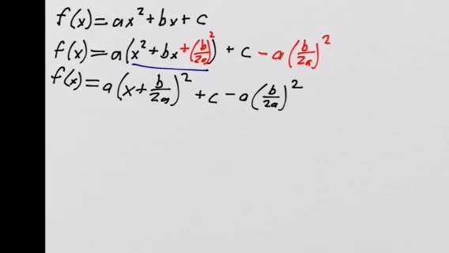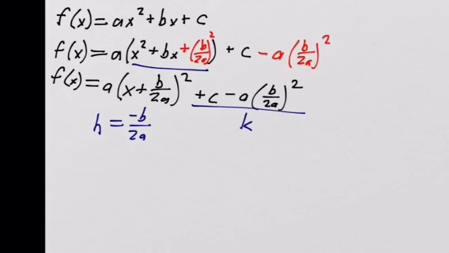Well, now we have this in vertex form where our h is equal to minus b over 2a. And then this mess is our k.